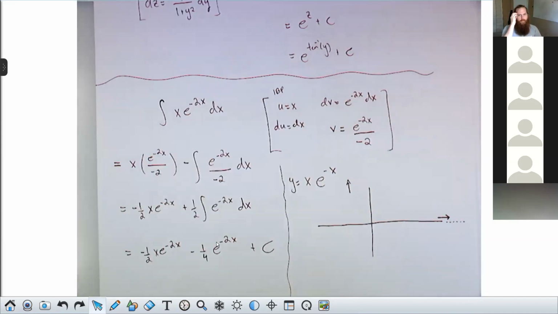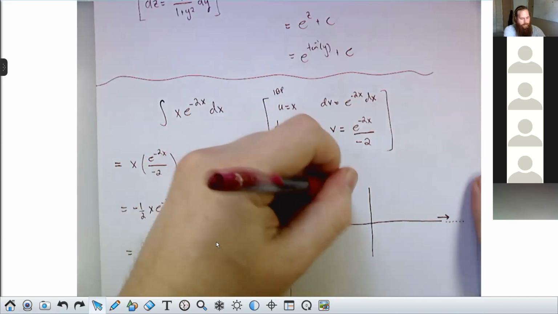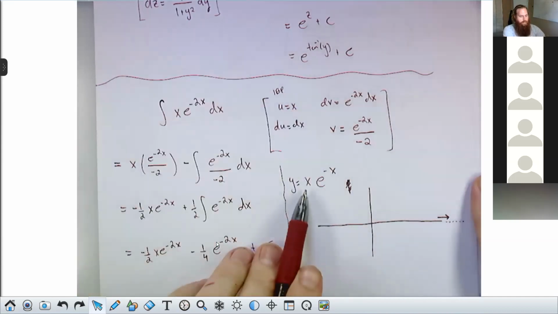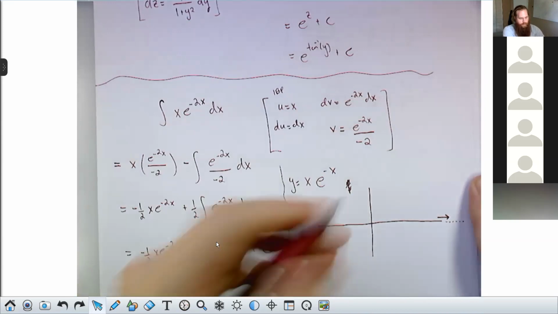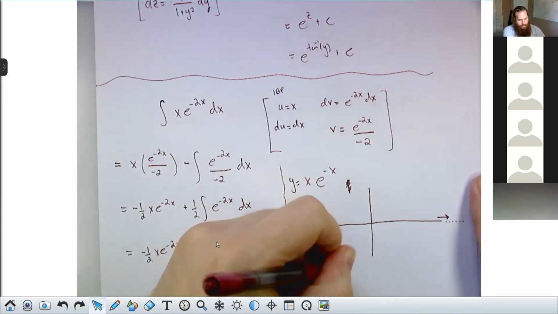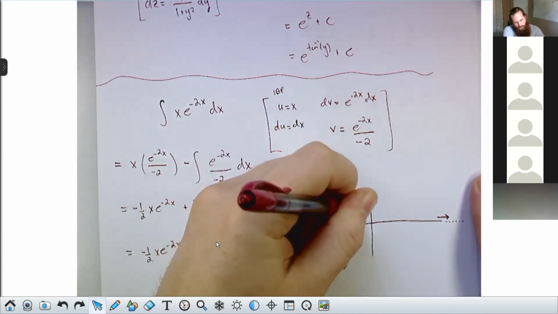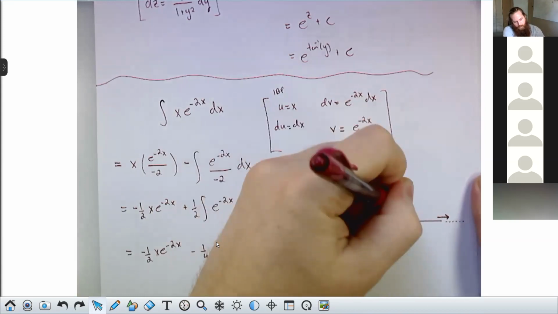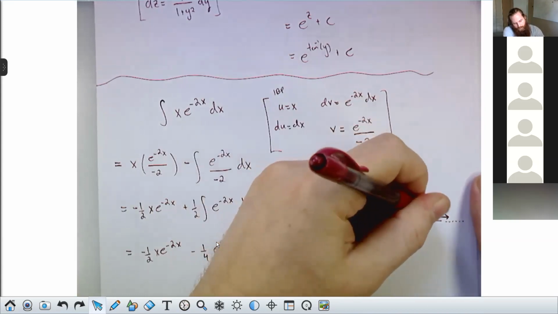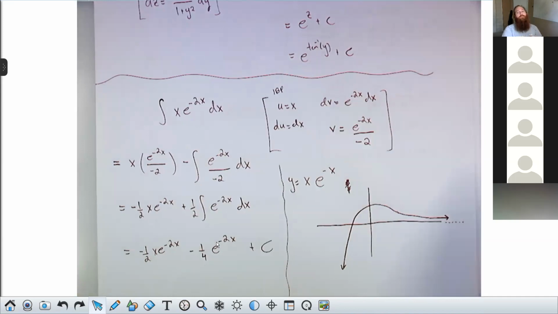Oh, but this piece will be negative to the left of the x-axis. So you're actually going to look like this. So here's what x e to the negative x looks like. And you can try to infer from that what x e to the negative 2x would look like.